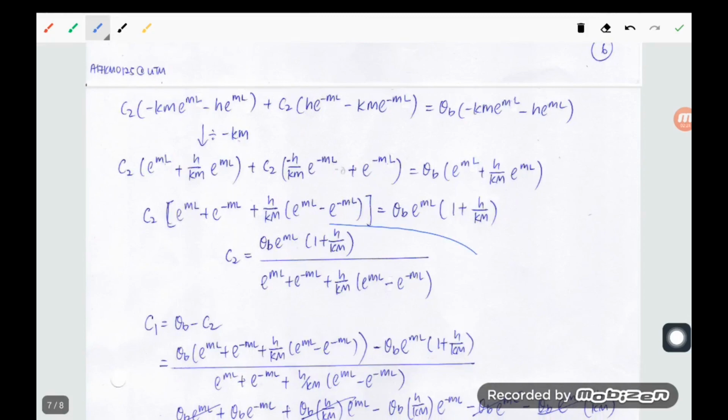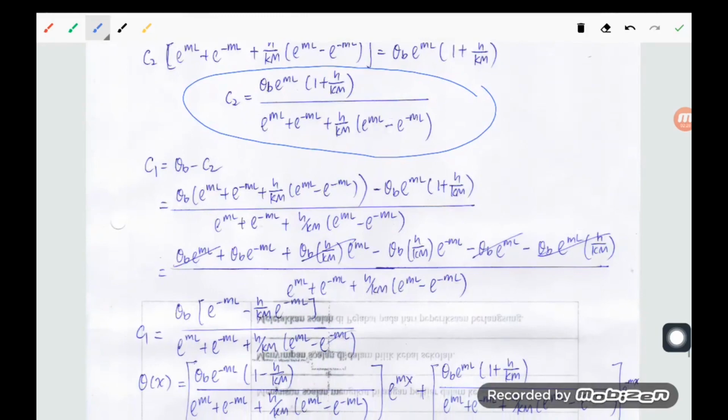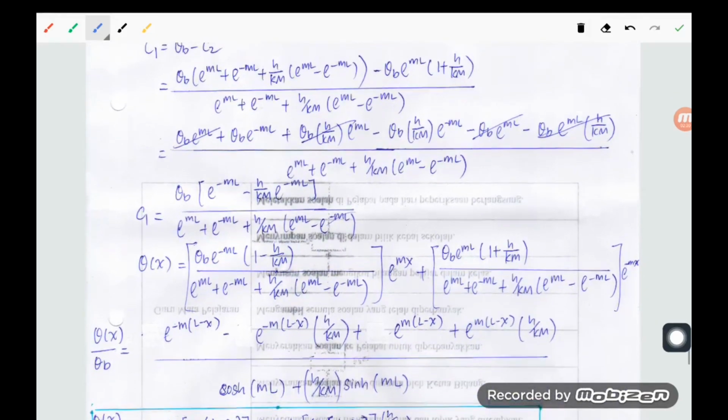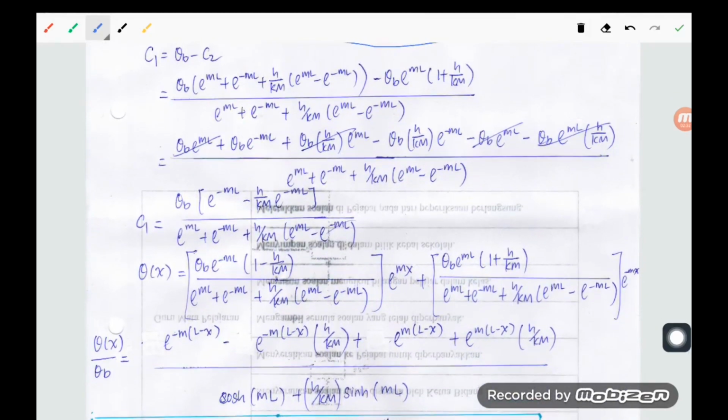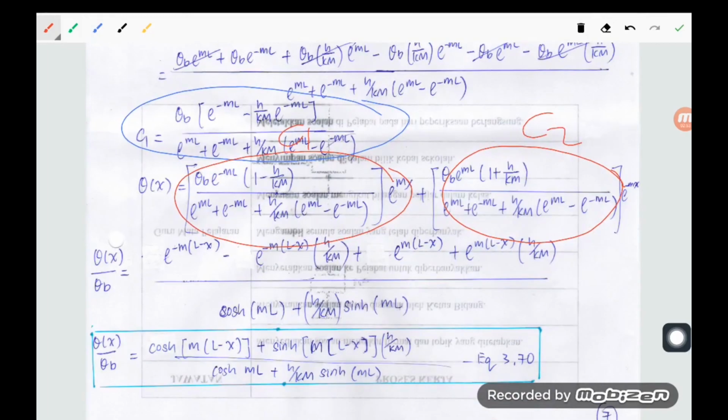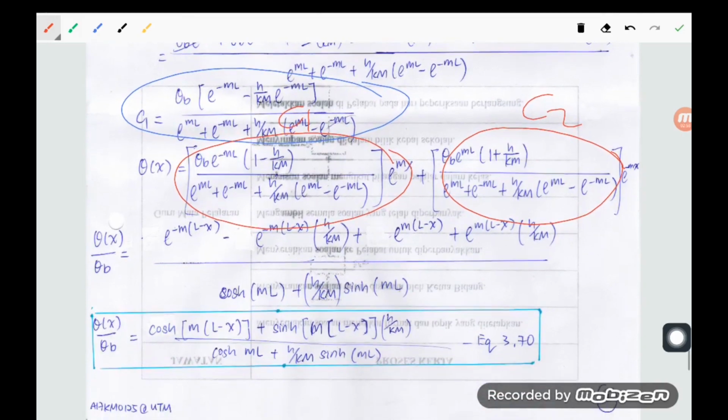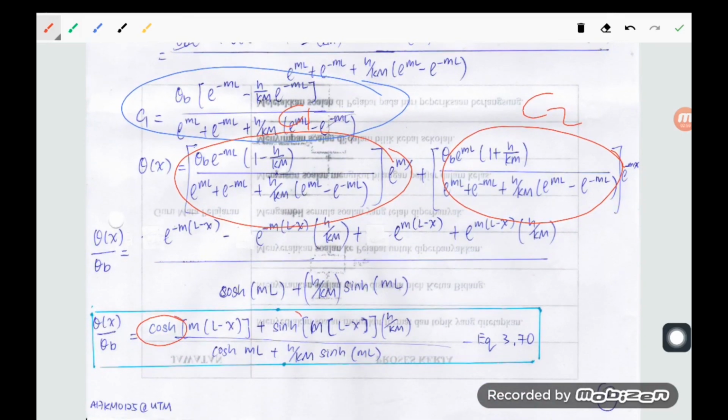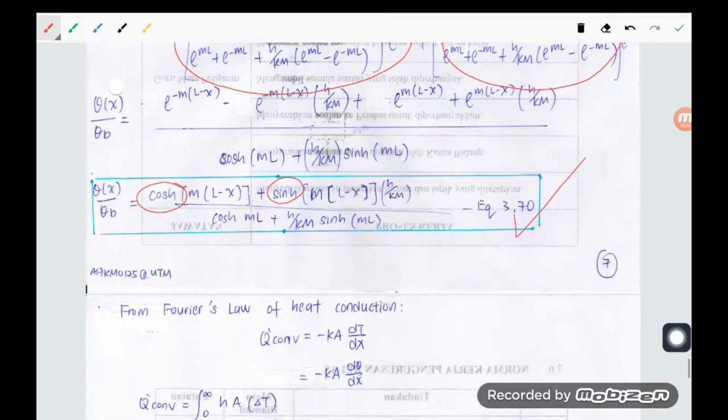For C2, we get this final one, the simplified one, and we will get the C1. After simplifying it with the sinh and the cosh, we will get equation 3.7.